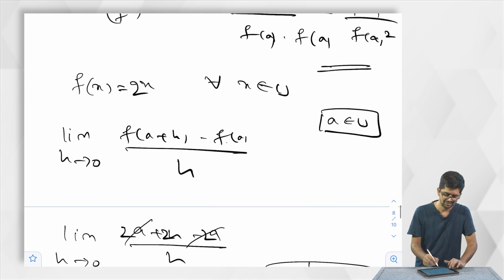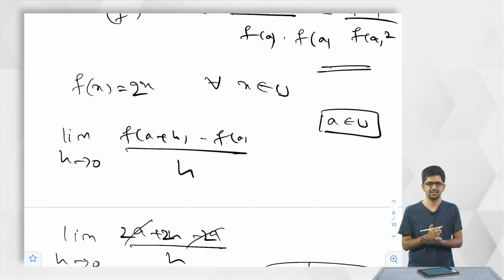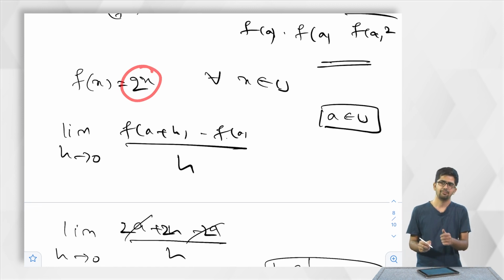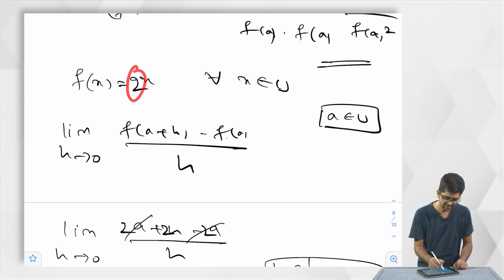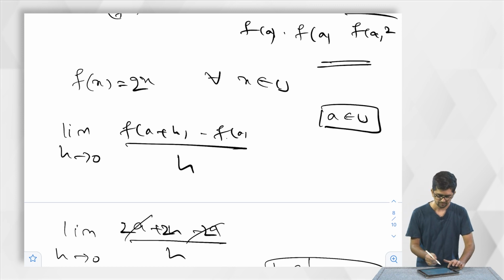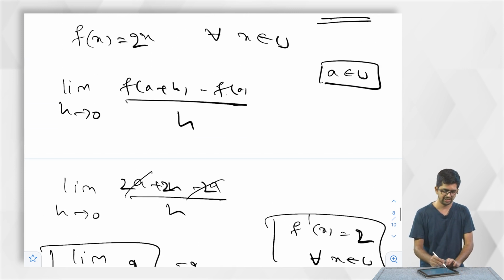So this says the identity function is differentiable and the derivative is just 1. The identity function multiplied by any scalar is differentiable, and the derivative is just that scalar. 2 we are calling it a scalar. f dash of x is 2 for every x belongs to U. It can be any real number.